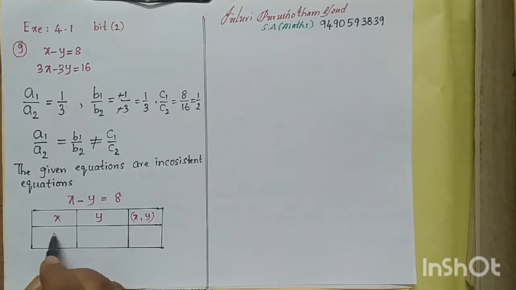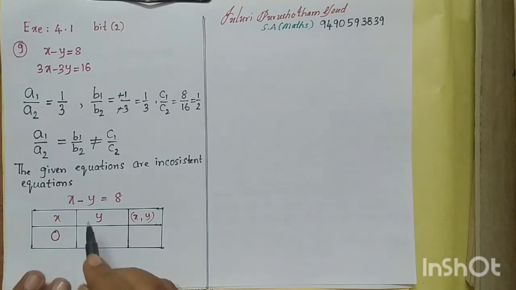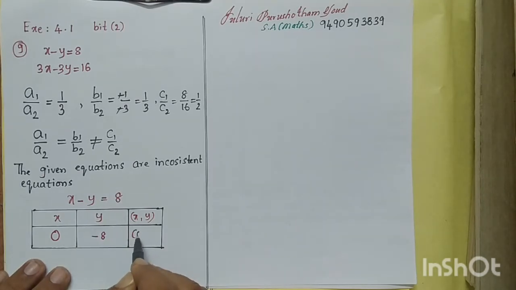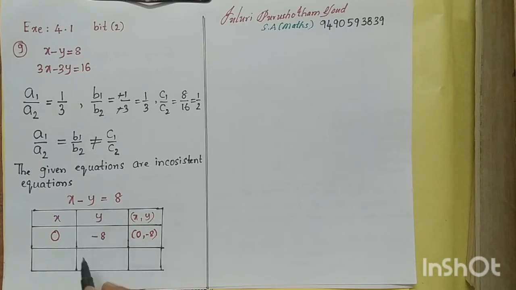If we substitute 0, minus y is equal to 8, and the minus cancels, so y is minus 8. So your pair is 0 comma minus 8. If I am taking y is equal to 0, then x is equal to 8, and this is 8 comma 0.